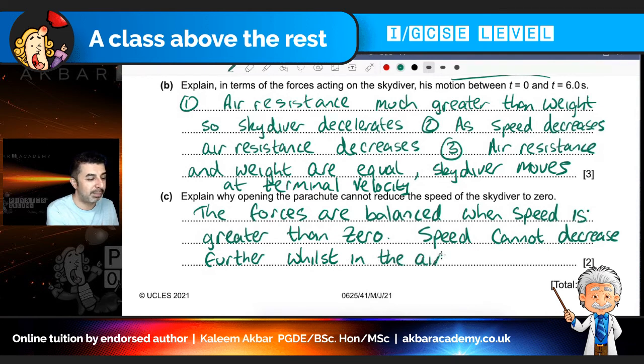Truth is, that last part is more for you students, because the speed can decrease if he hits the ground, but whilst he's in the air, the speed is not going to decrease anymore. And yeah, that's basically that.